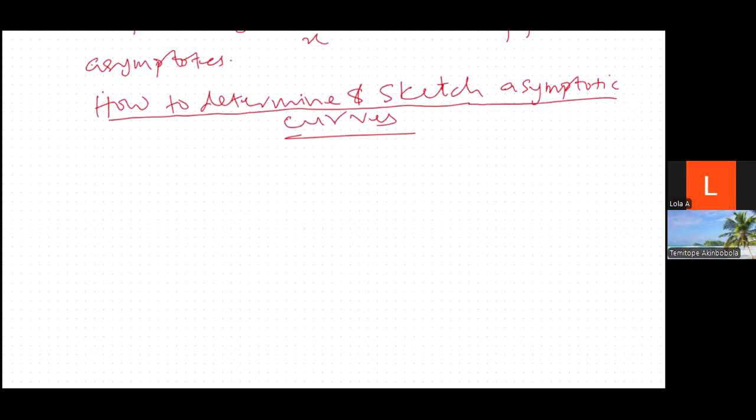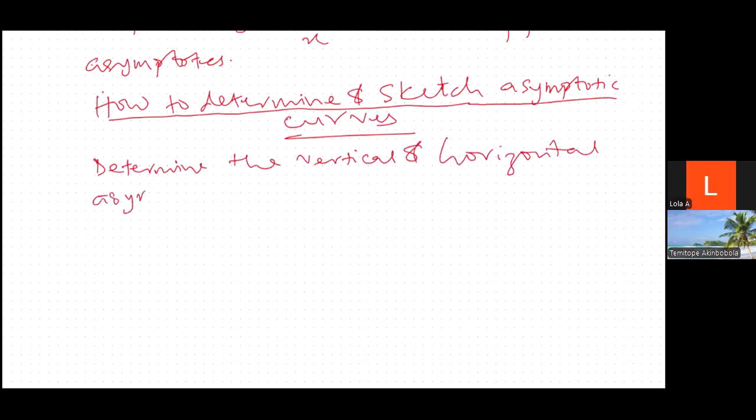Now, for instance, I will say: determine the vertical and horizontal asymptote of y equals 1 over x minus a, plus b.